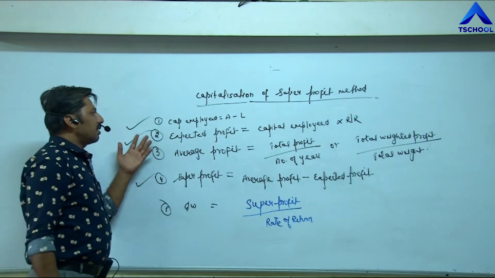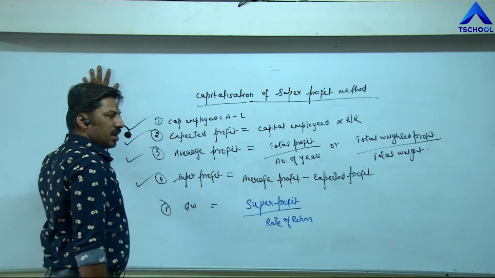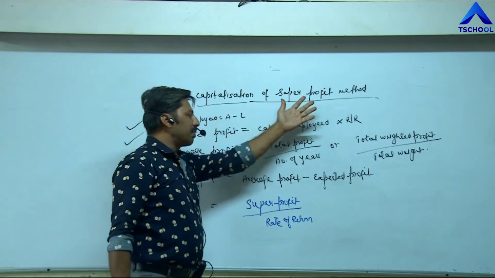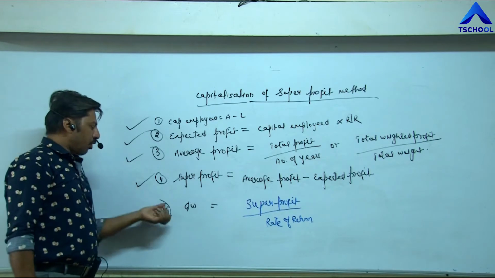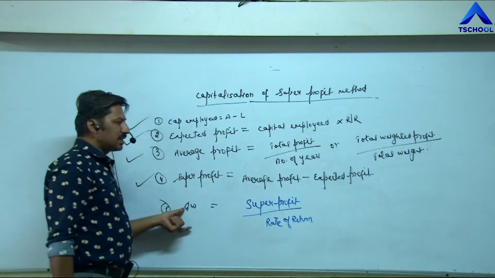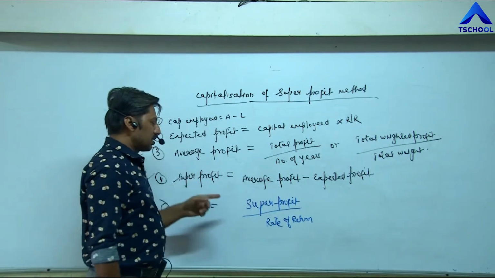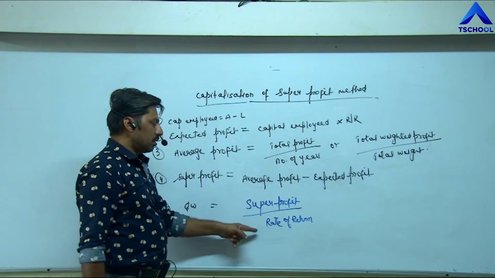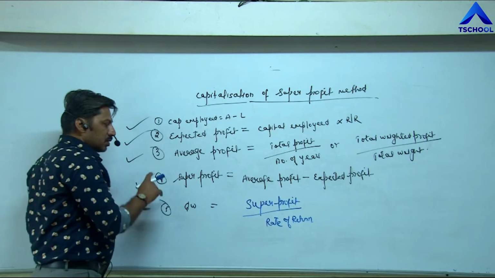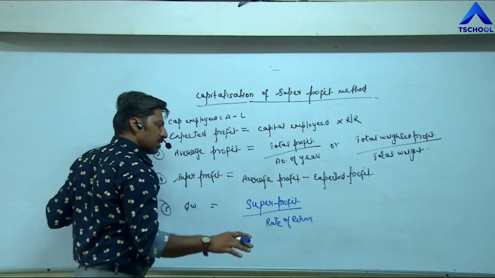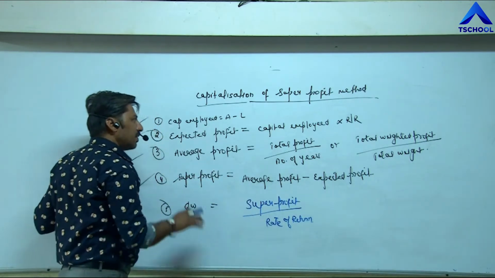We can say that simple super profit method and capitalization of super profit method are almost the same. Only the formula for calculating goodwill is different in both cases. Here super profit upon rate of return, and in previous super profit into number of year purchase. This is the only change between these two formulas.